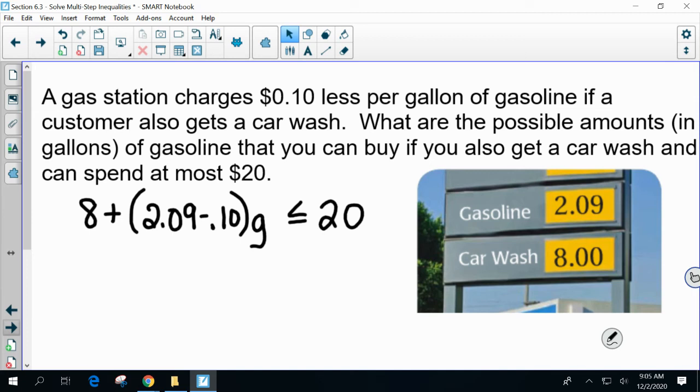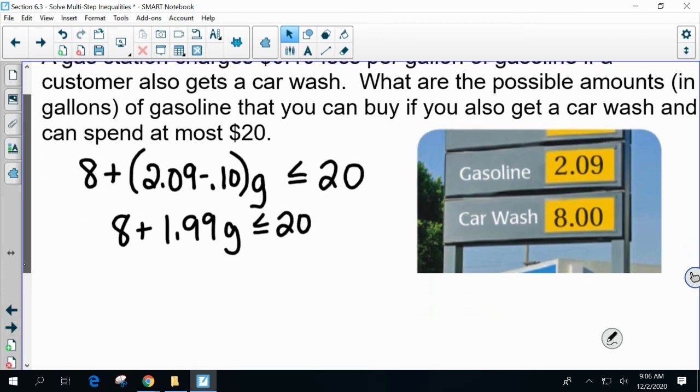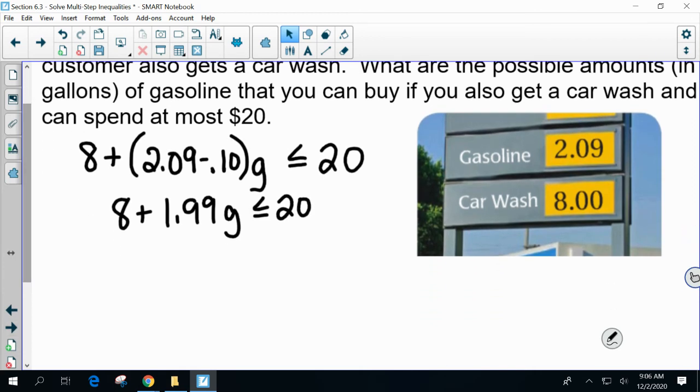Okay, so how much would the gallon of gas actually be? $1.99. So 8 plus $1.99 g for gallons is less than or equal to 20. And then what do I do next? Subtract 8. So $1.99 g is less than or equal to $12.